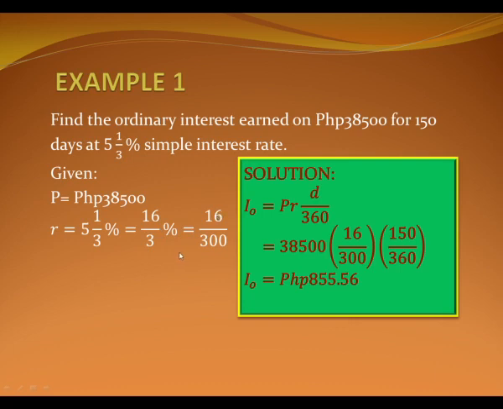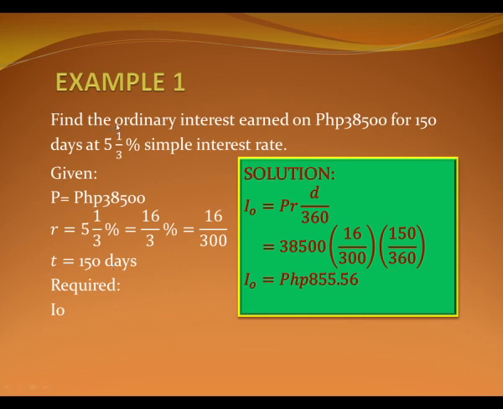Again, as much as possible, avoid using decimal values. So we can express this in fractional form. And for the given period of transaction of 150 days, we have to look for the ordinary interest. Meaning to say that since the period of transaction is a number of days, in order to convert into years, either we have to divide by 360 or 365.